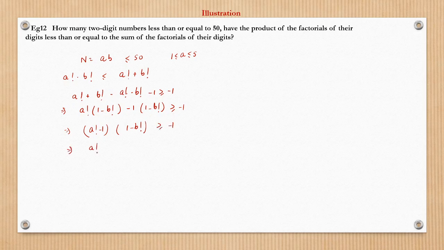So this is nothing but a factorial minus 1 into b factorial minus 1, which will become less than or equal to plus 1, right?